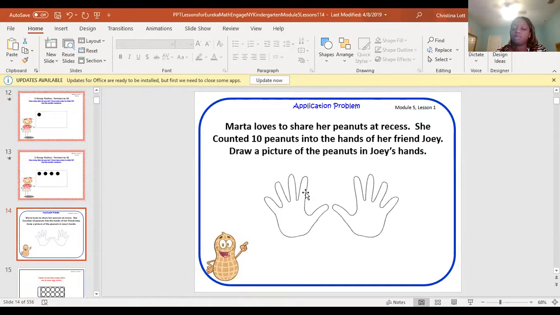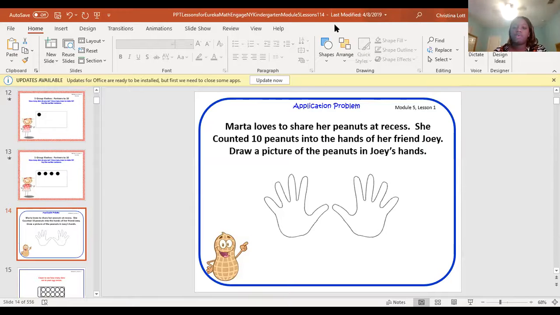Okay, let's hop into our application problem. Our application problem says, Marta loves to share her peanuts at recess. She counted 10 peanuts into the hands of her friend Joey. We're going to draw a picture of the peanuts in Joey's hands.